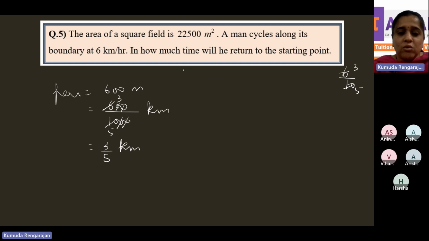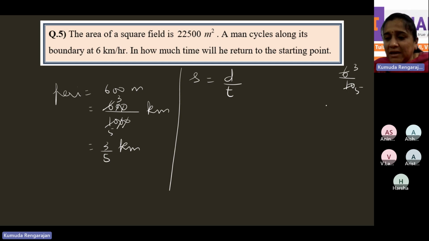Now, what is speed? Speed is equal to distance by time. This is the other thing I want to tell you. You can substitute directly in this formula. You don't have to write the formula exclusively for time, time is equal to distance by speed.